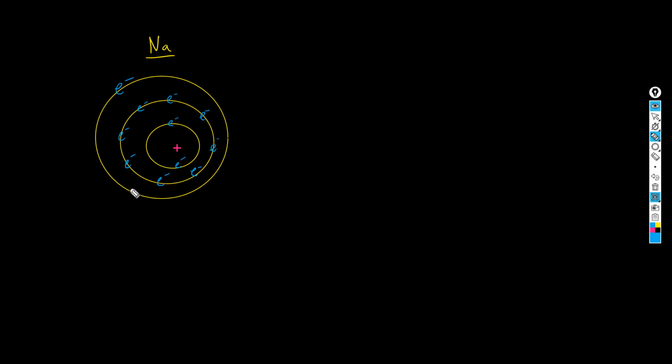So this is the size of the sodium atom. When that gets copied over and changed to produce the sodium ion, Na+, the sodium ion now has 10 electrons, as opposed to the 11 electrons that the atom of sodium had.